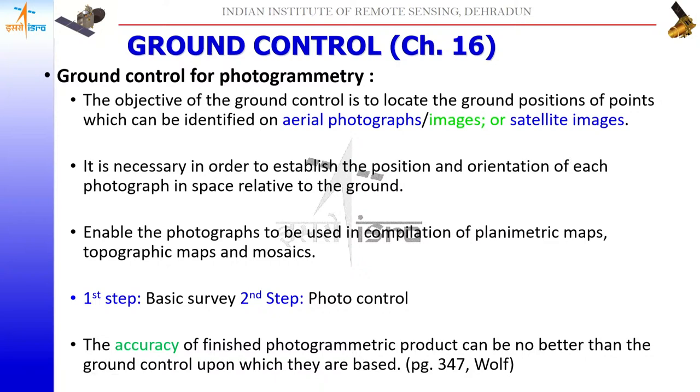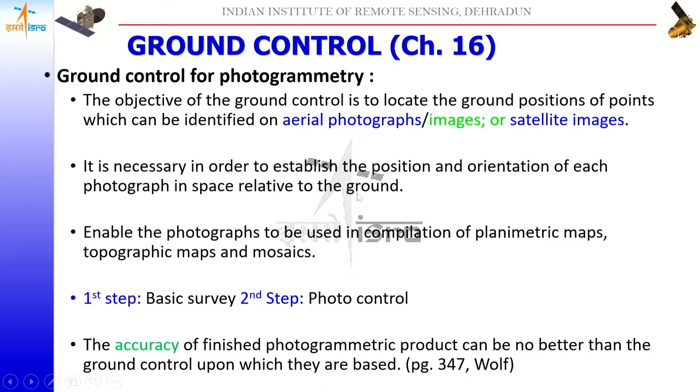So we should pick all those locations to get the ground control points with the help of DGPS, and then we can improve the geo coordinates and georeferencing using georeferencing software. You can do it in ArcGIS, ERDAS, and elsewhere. It is necessary in order to establish the position and orientation of each photograph in space related to the ground.